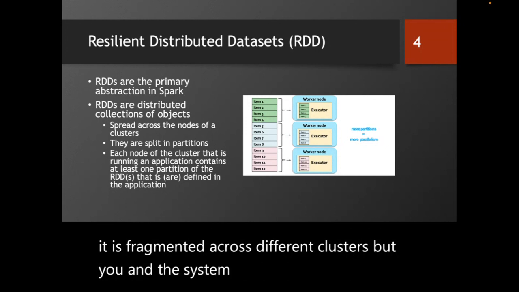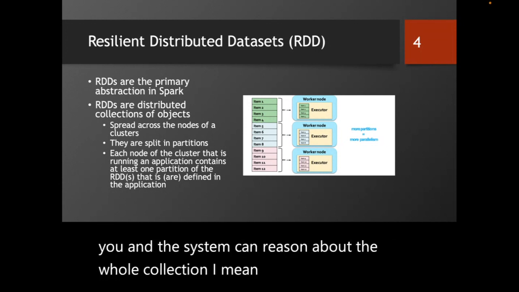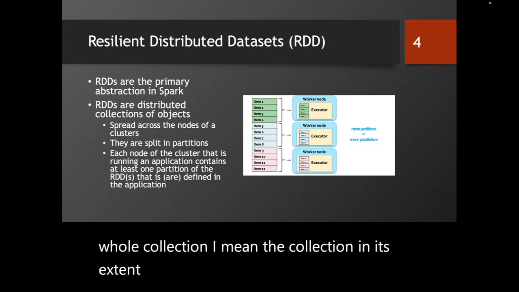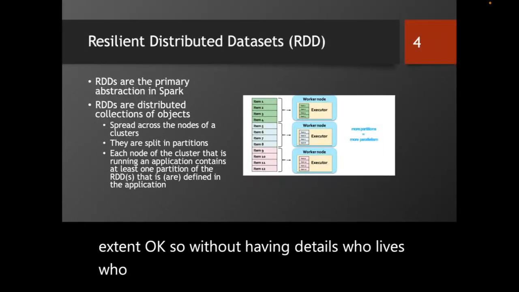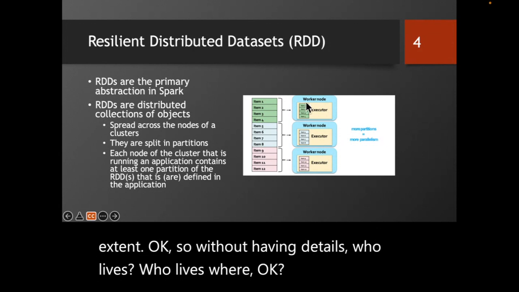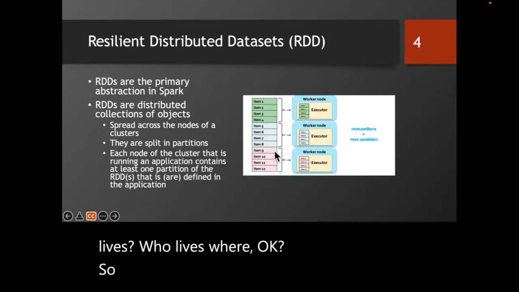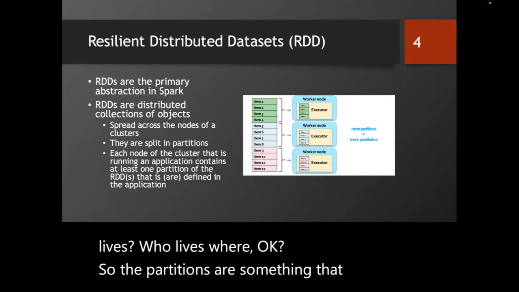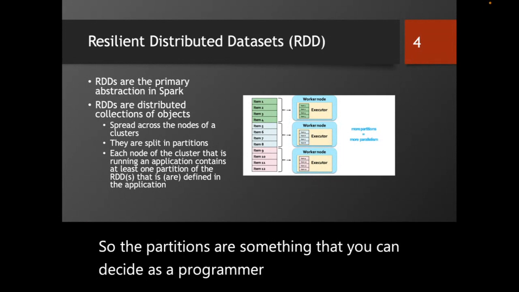And the system can reason about the whole collection, I mean the collection in its extent, without having details on who lies where. So the partitions are something that you can decide as a programmer.